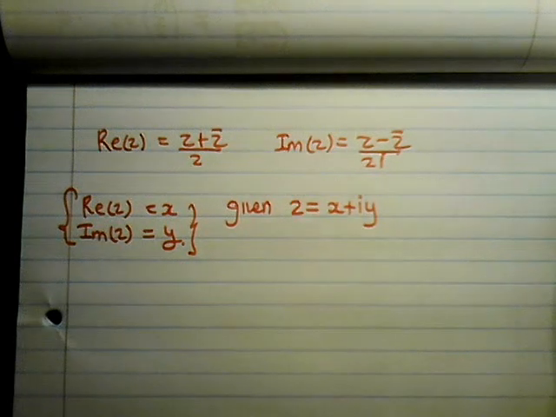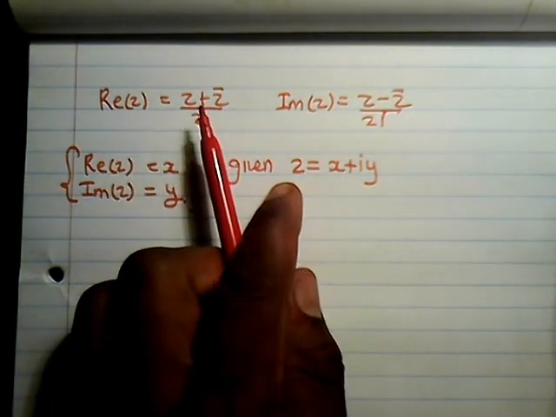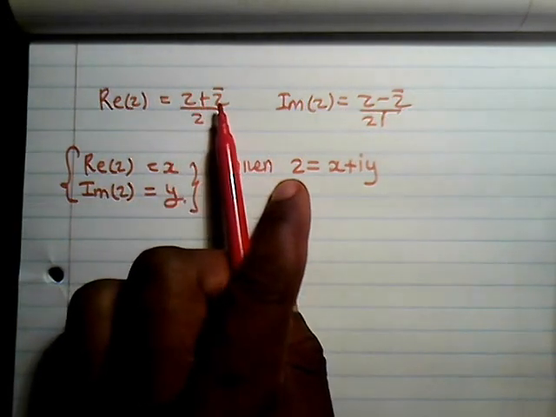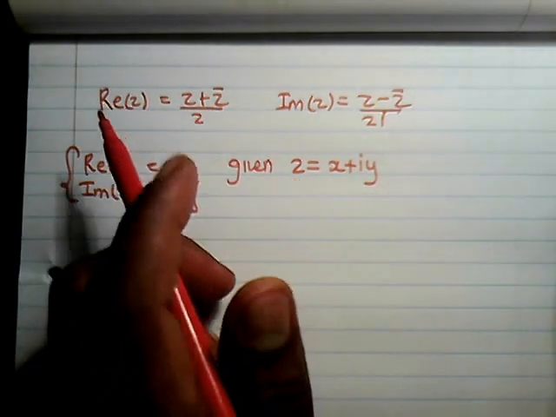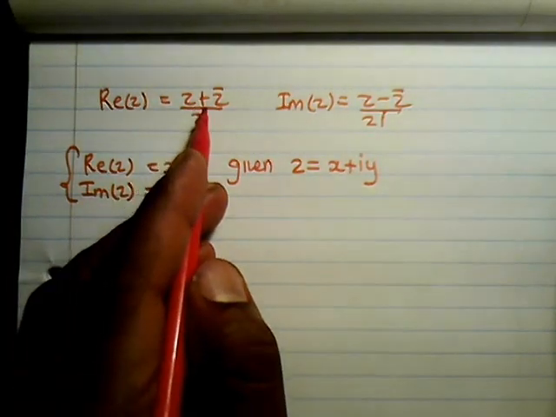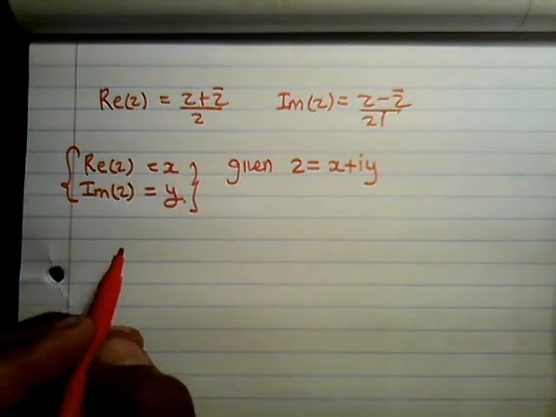Okay, now number one, we can see that the thing that we want to prove contains Z and Z bar. So I'm gonna write the equation for Z, and then the equation for Z bar.